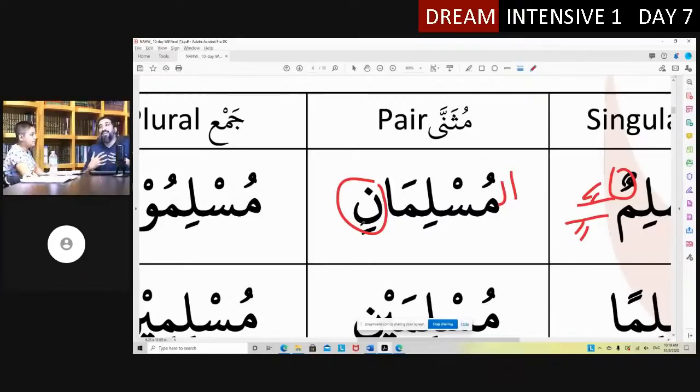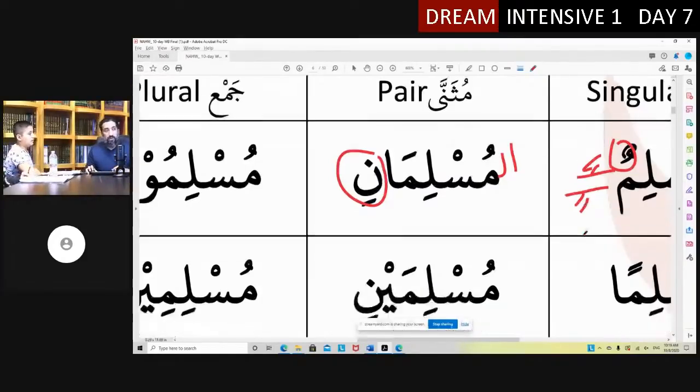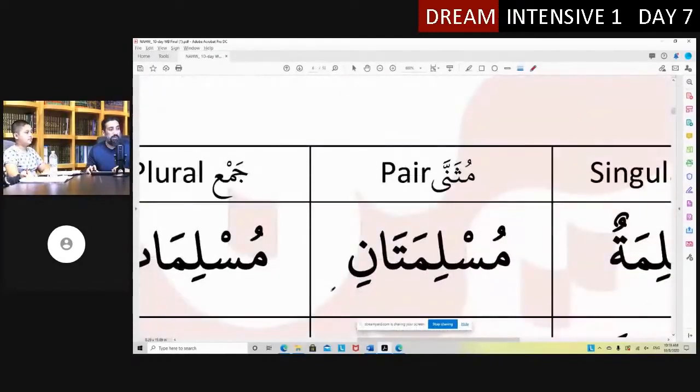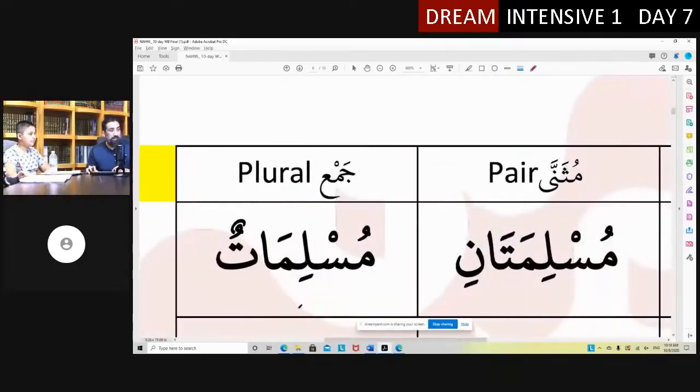The concept of not liking tanween is not the same as light. It just affects one column. Or in fact, 2 columns, because in muslimatun at the end, if I put al here, then the un would have to go. Then you would have to put u, because al does not like tanween.